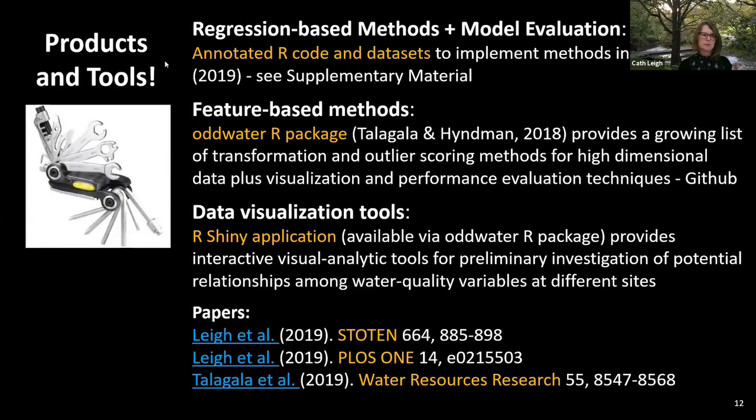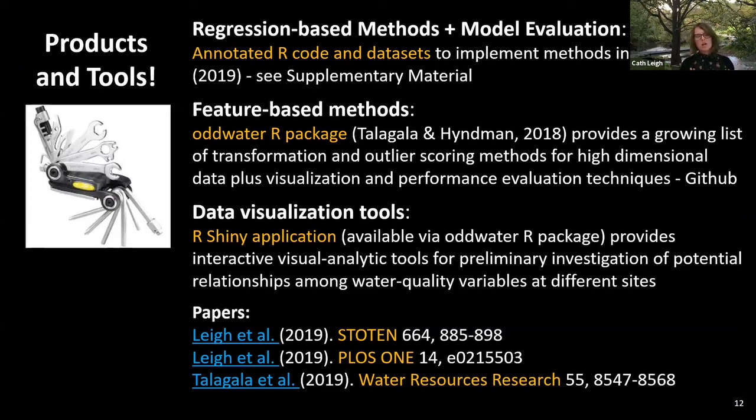And just lastly, before I leave you, I want to mention that there's a range of products and tools available from this precursor project, the Anomaly Detection Framework paper. We've got annotated R code and data sets that are available. We have an R package for the use of the feature-based methods called oddwater.